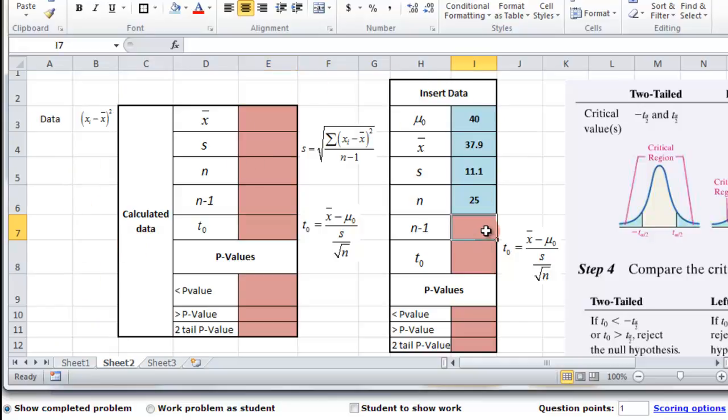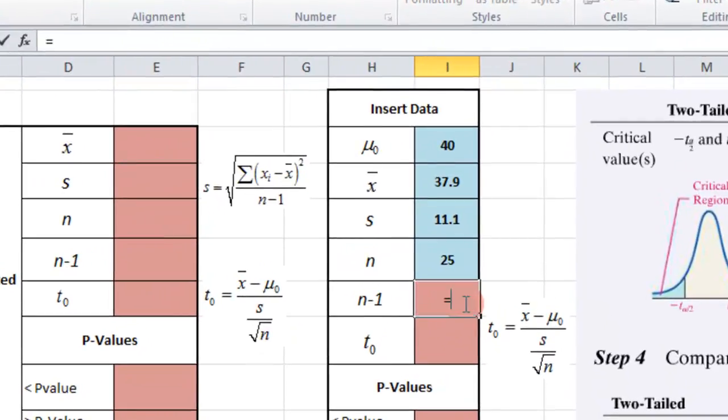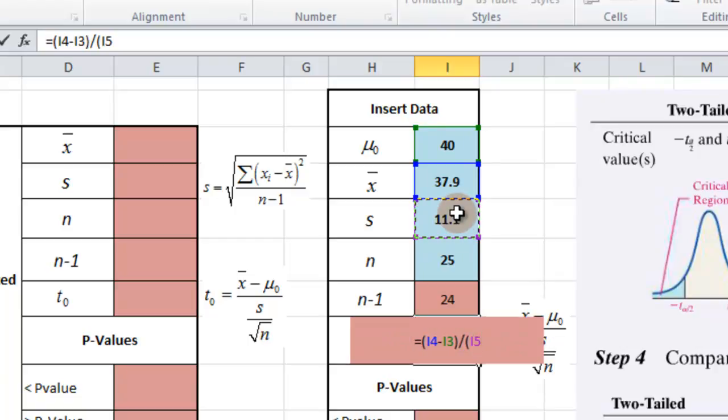The easiest one right here is n minus 1 for degrees of freedom. So we take this box and always subtract 1 from it. We need the t-statistic, which is this formula here. The mean minus mu naught, we want that in parentheses for the numerator: parenthesis, mean minus mu naught, divided by, parentheses again, the standard deviation divided by the square root of n.